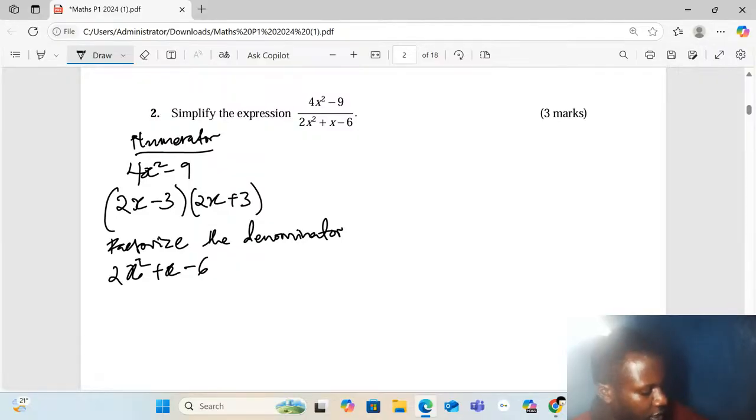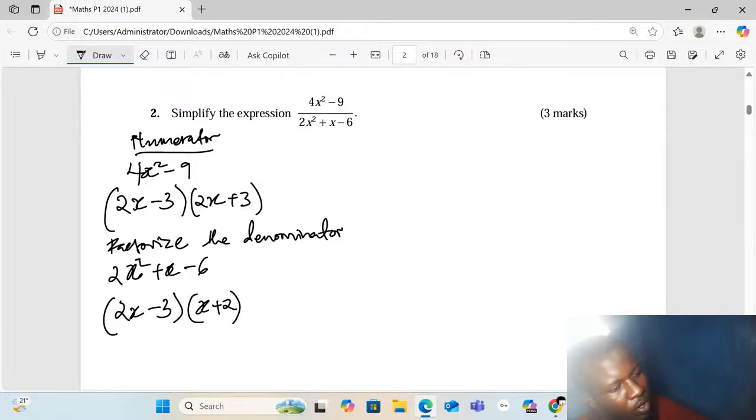When we factorize, we are going to get 2x minus 3, then x plus 2.